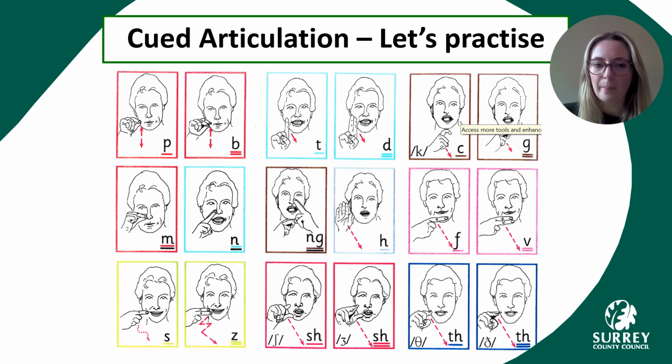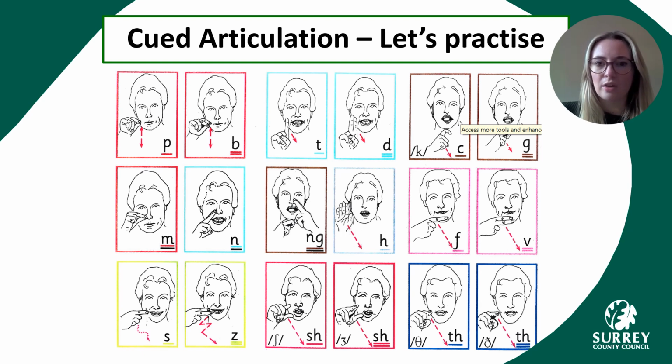For example, p and b are both made in the same place right at the front of the mouth and are both short sounds. Then you have k and g, which are again both short sounds and are made at the back. The differences between these pairs are that one is quiet and one is loud, and this is shown by the quiet sounds using one finger and having one line underneath them, whereas the loud sounds use two fingers and have two lines.